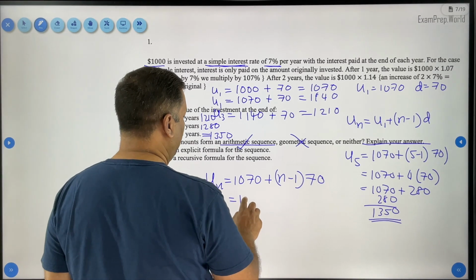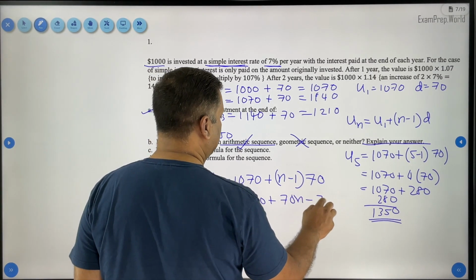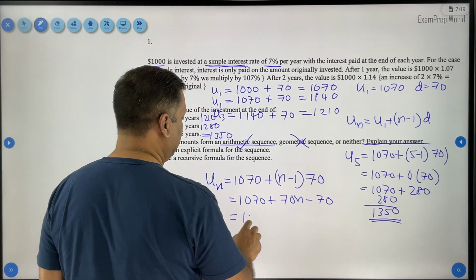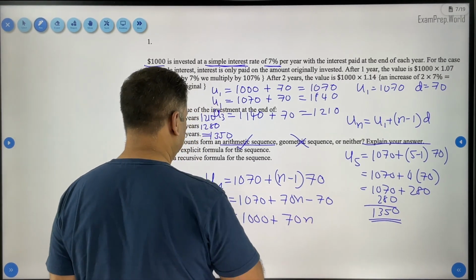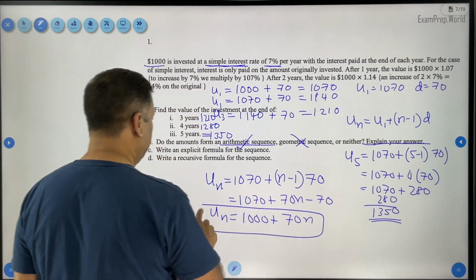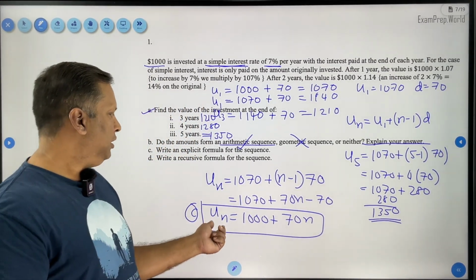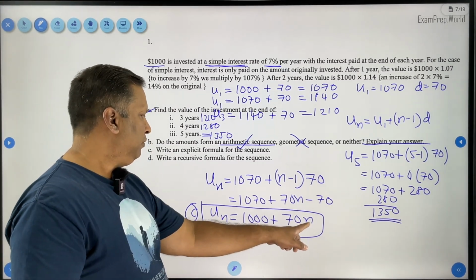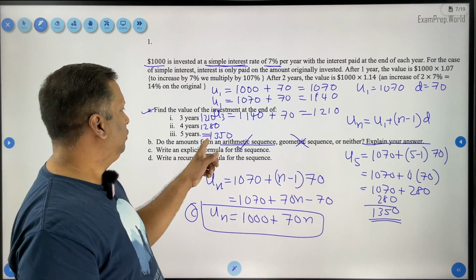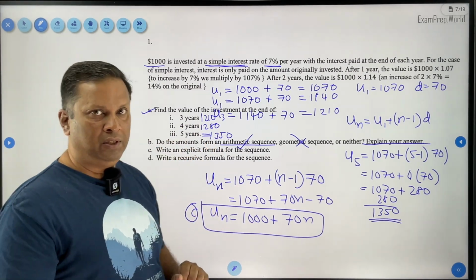It is 1070 plus 70n minus 70. So it is 1000 plus 70n. This is your answer for C, the explicit formula. So whenever you need it, you can test it. You can put 5 here, so 350 plus 1000, which is U5, 1350. So the explicit formula should immediately give you the result.